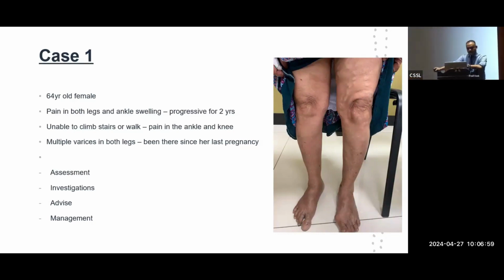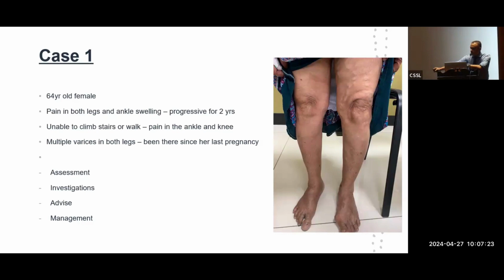Her main complaint is she is unable to climb stairs or walk. There's pain in the ankle and the knee. She's got multiple varicose veins in the legs, and she's very worried about these very big, severe varicose veins.